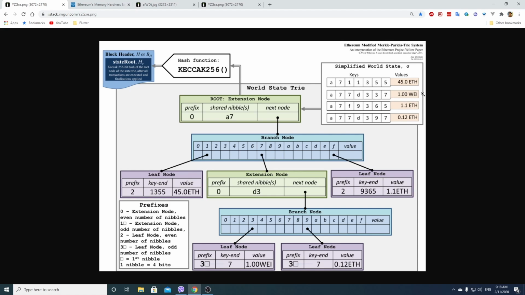But since everything can be translated to binary with the RLP serialization format, we can assume that in this diagram the value is simply the balance of this account.